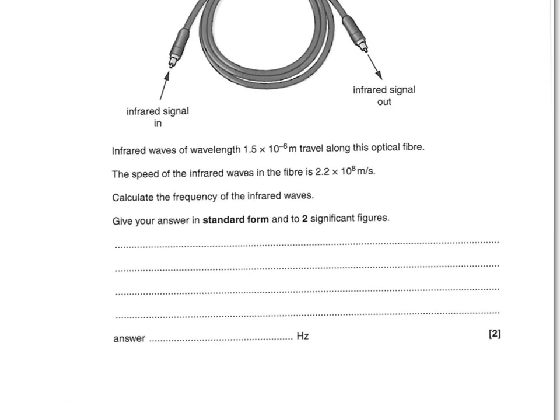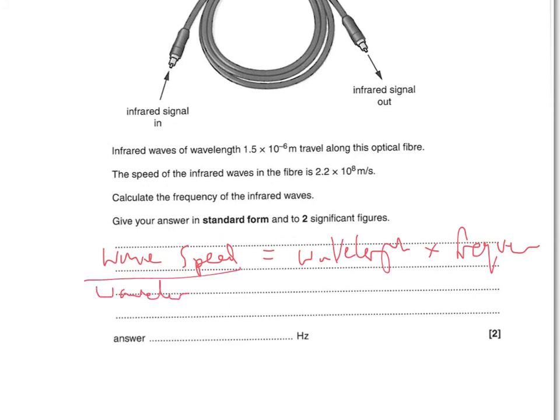So wave speed equals wavelength times frequency. So you just got to rearrange that. So to work out the frequency, you're going to divide the wave speed by the wavelength. And that will give you frequency.